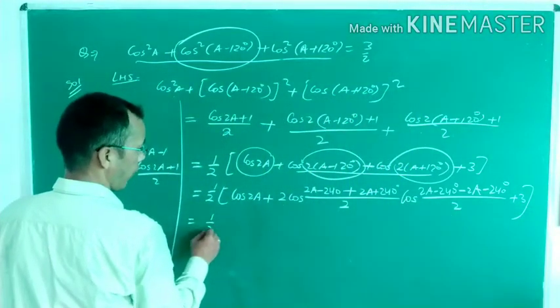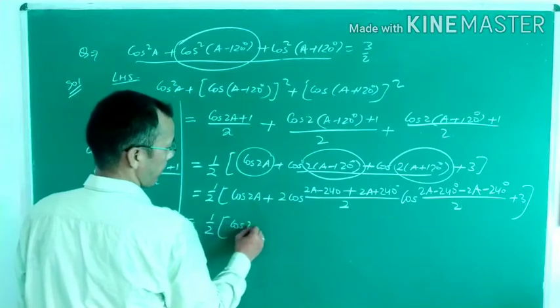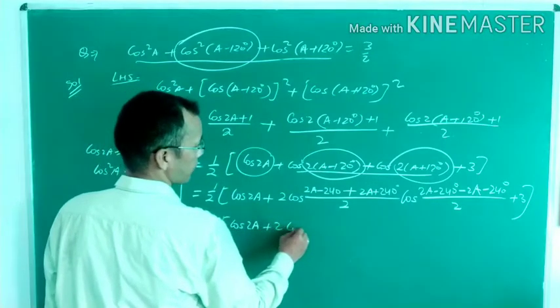Now this is equal to 1 by 2 into cos 2A plus 2 cos.